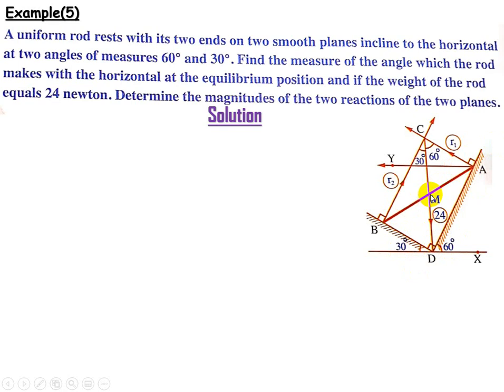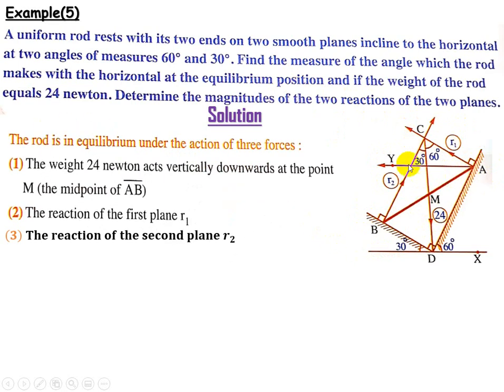Its weight acts from its midpoint M vertically downwards 24, and we noted that the two planes are perpendicular. He said find the measure of the angle which the rod makes with the horizontal at the equilibrium position. So he needs angle YAB, and he also wants the values of the two reactions R1 and R2, if you know that the weight is 24.